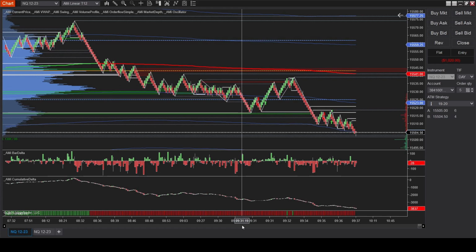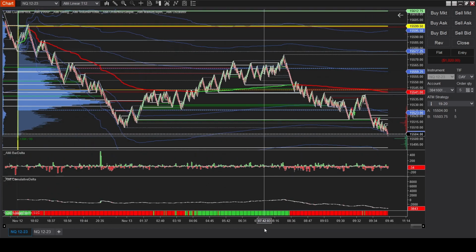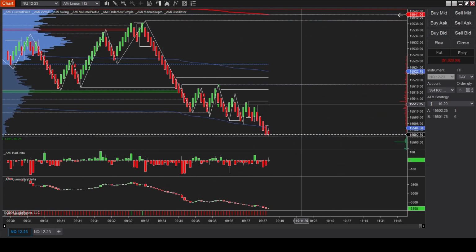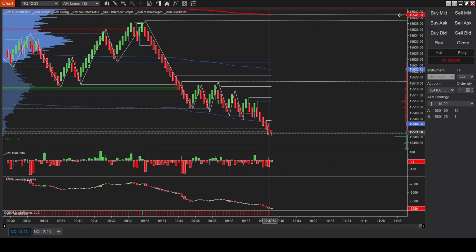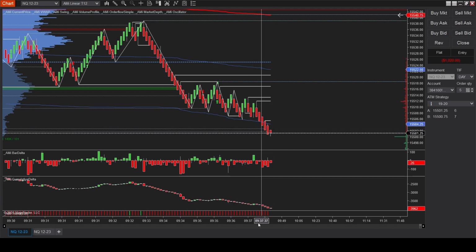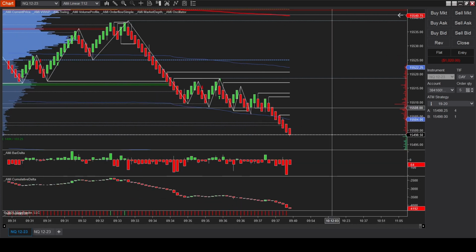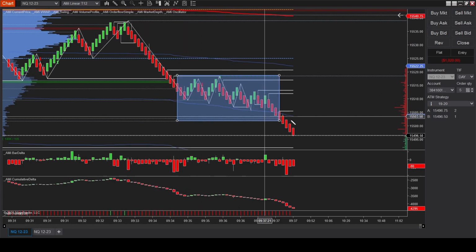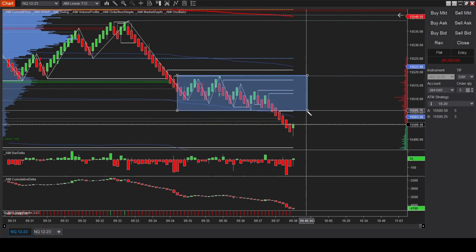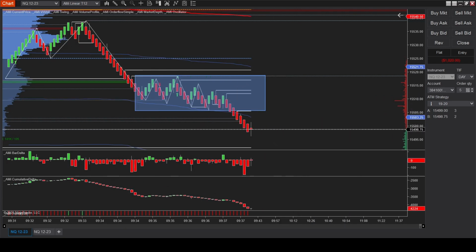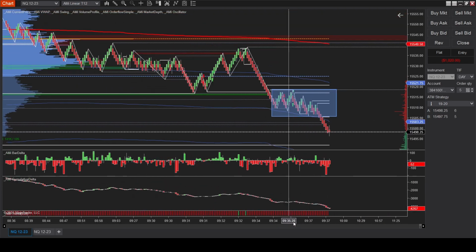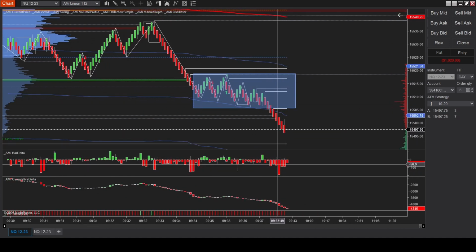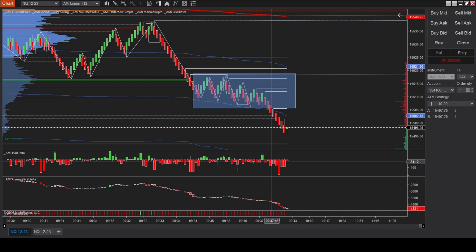Looks like we're pushing down now. Clearing some swing levels from a prior session. Good break with good delta.